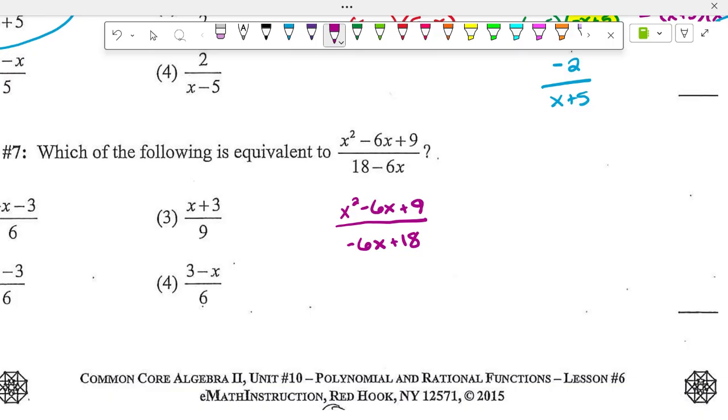If your first term is a negative when you're factoring, what did I tell you to do with that negative? Take it out. So when I factor the bottom, I know I'm going to have something negative. And then what's the GCF of 6 and 18? 6. So we're taking out a negative 6. So what am I left with? Good.